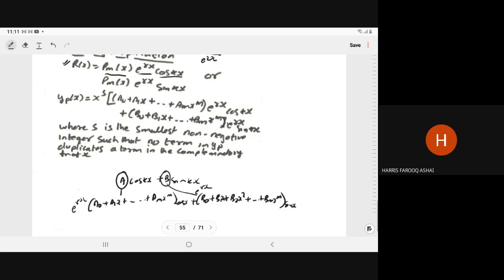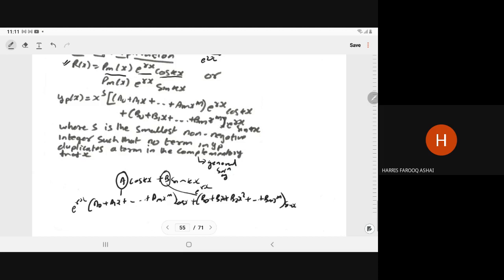By chance, there is duplicacy of the particular solution with the complementary solution. Complementary solution means general solution, right? The general solution of the homogeneous equation is also known as the complementary solution.